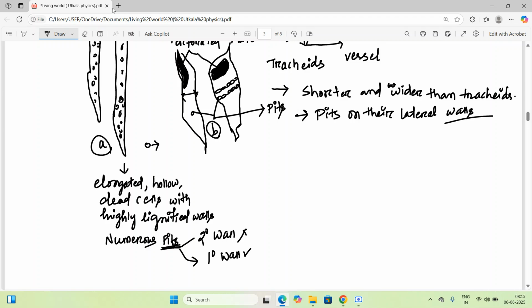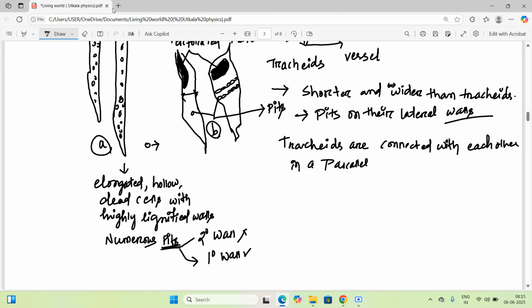Unlike tracheids, the perforated end walls allow vessel elements to be stacked end to end. Simply, tracheids are connected with each other in a parallel manner. If this is a tracheid, then another tracheid will connect like this.